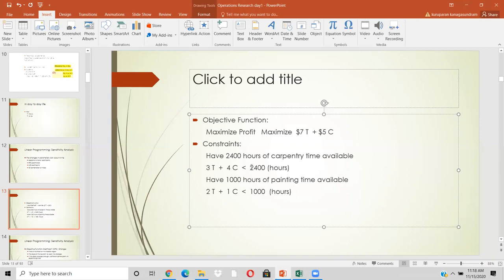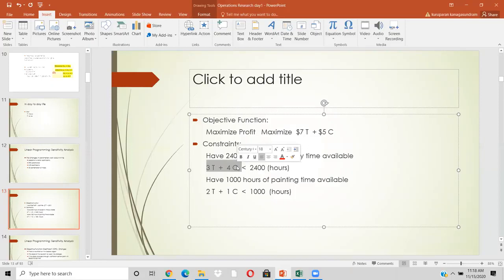Similarly, we can change the right hand side of the constraints. The right hand side of the constraints means the limit we have. If we are changing the right hand side, instead of 2400 we can put 2500, like that. Or we can change the coefficients in the left hand side of the constraints.